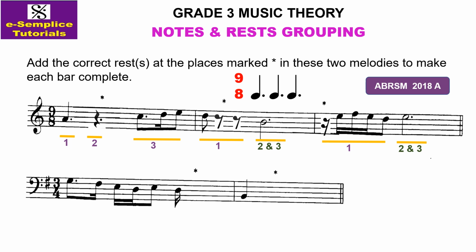Let's look at the second melody. The second melody is in 3/4 time. So I'll start by sketching the initial outlook of 3/4 time as a guide. Let's walk through the melody.